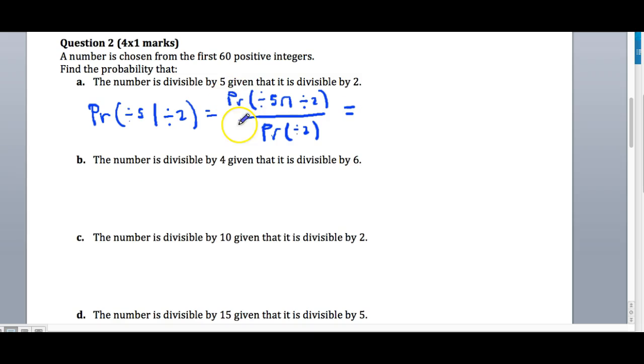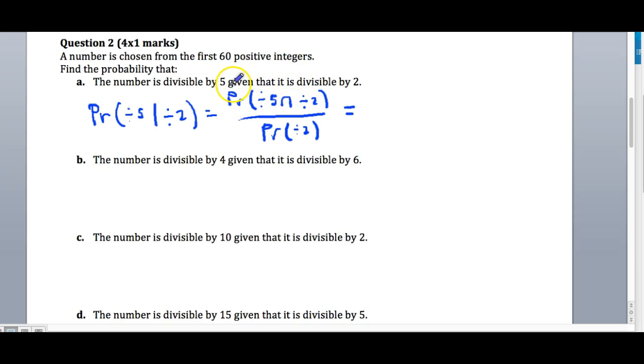And I should have written N instead of probability, but hopefully by now you understand that we can just do the number, not the probability. Now, to understand whether it's divisible by 5 and 2, you can just say, well, we need a number that both 5 and 2 go into.